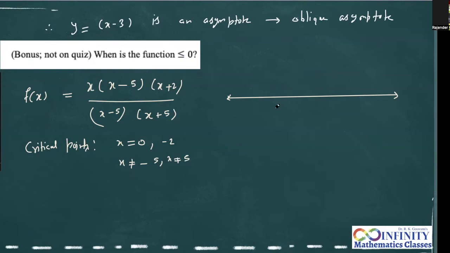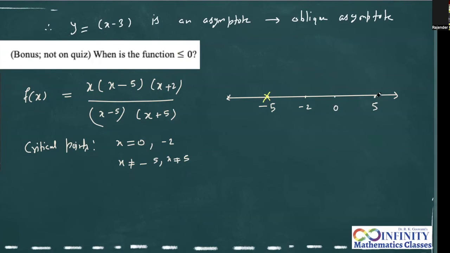So help me in denoting on the real line: negative 5, negative 2, 0, and 5. Point negative 5 is not included. Point 5 is not included in the domain. So we have up to infinity and minus infinity.